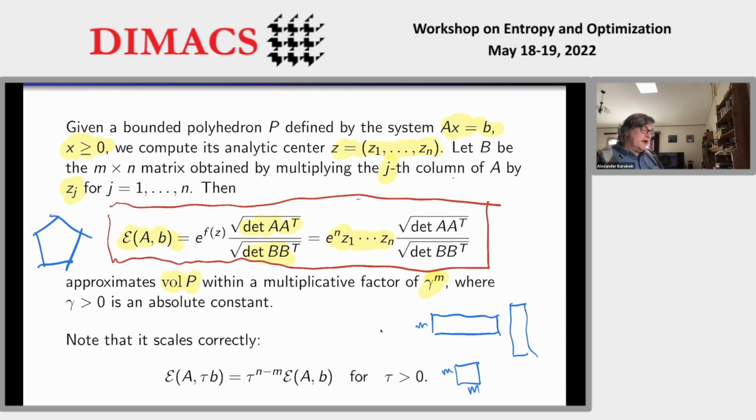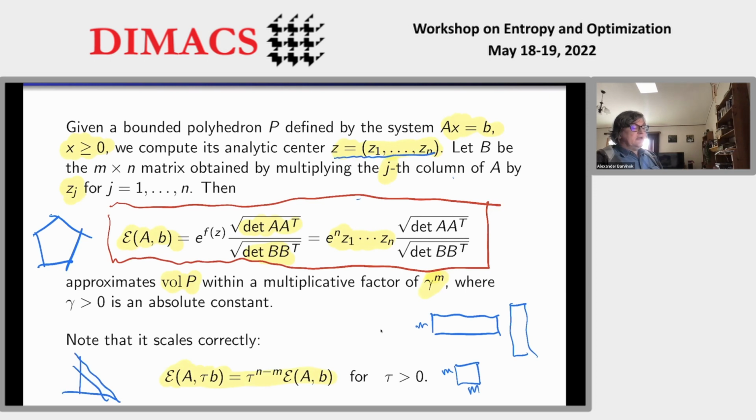So one thing that I'd like to draw attention to is that at least it scales correctly. If we dilate the polytope, multiplying it by a positive constant, then what happens? This center also gets scaled by that constant.